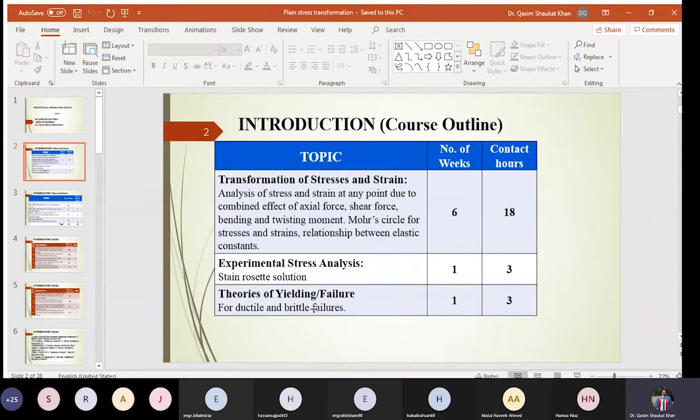You will study a few theories, but even in those four theories you have a lot of derivations to do, because you have to draw the failure planes, and to draw the failure planes you need to find the failure points, or you can say you have to derive those failure points. So structure mechanics is a very mathematical subject, and if you work hard, you can really score very well in this subject.